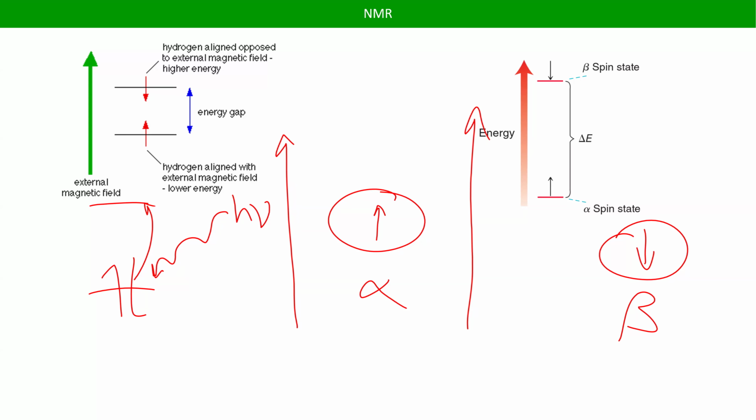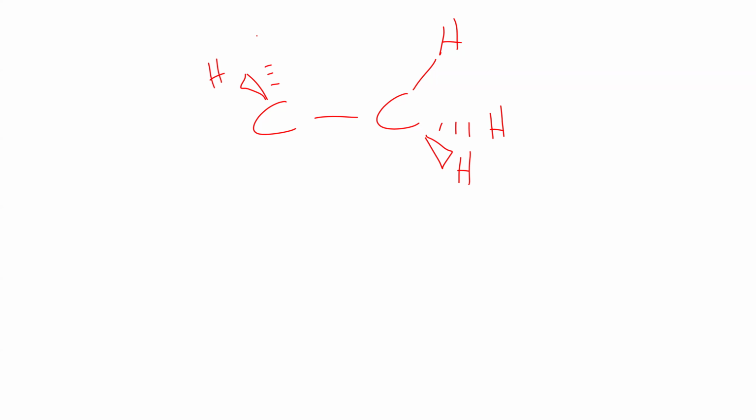No. So if I was going to draw, let's just say ethane. We don't usually draw the spheres. We usually just draw the atomic symbols, right? But each of these atoms is a sphere.